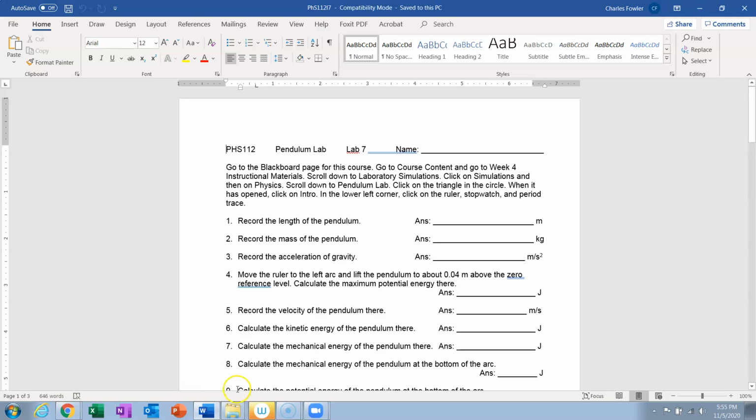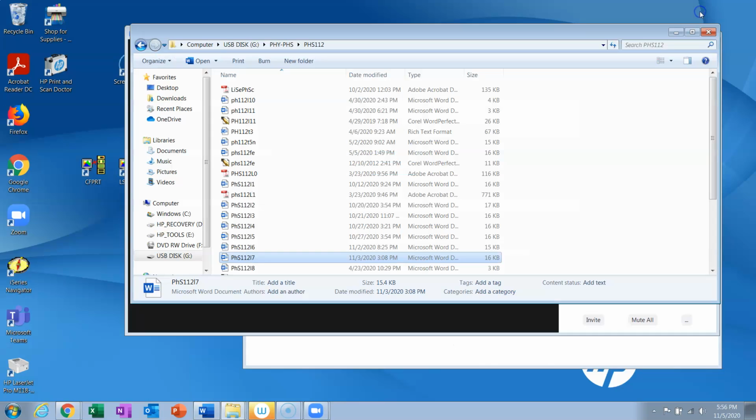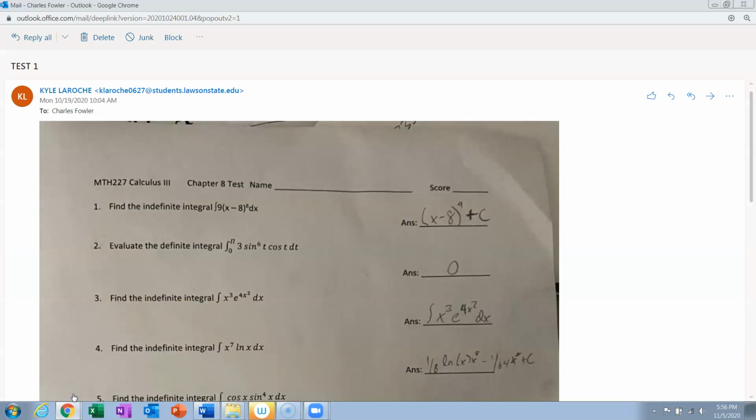And let's go to, I can't get, okay, maybe I have to minimize this. I can't get it to open. Okay, that's not what I want.